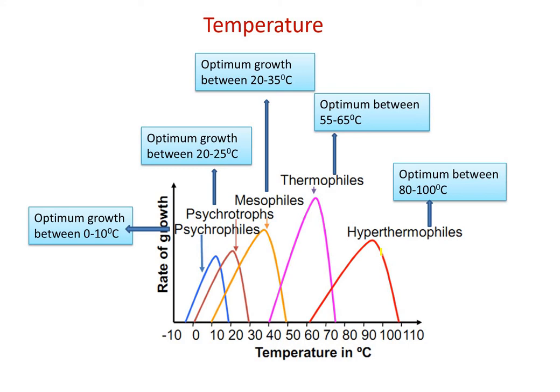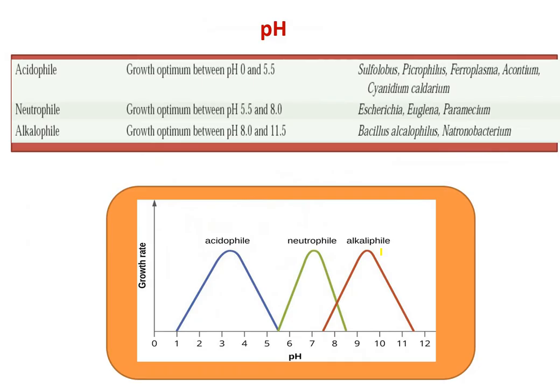So these are different kinds of microorganisms favoring different temperatures for their optimum growth. Now we'll talk about the pH. Every microorganism varies in its growth at different pH, and there are three classes, which we can see: acidophile, neutrophile and alkalophile.